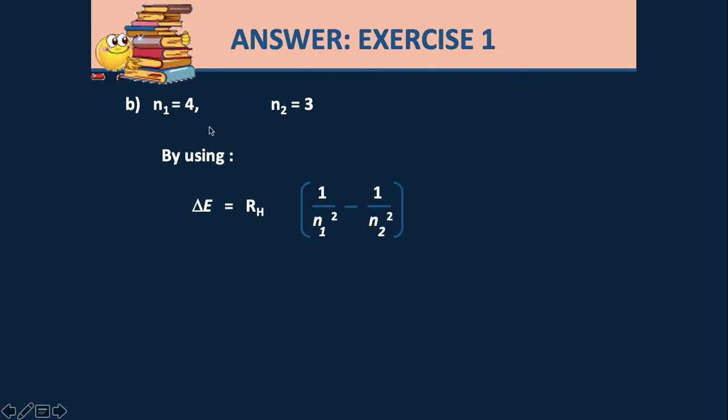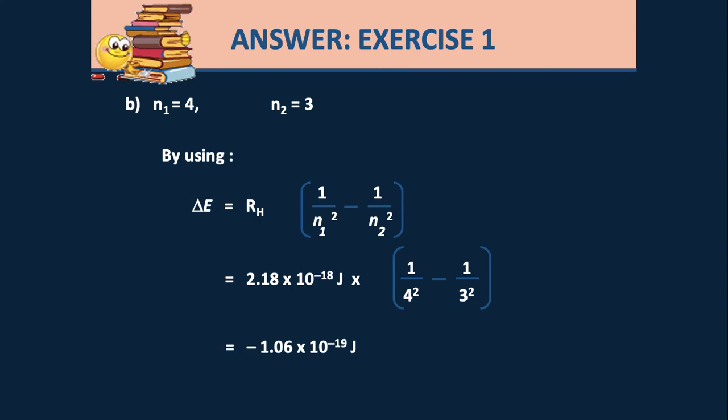The initial orbit is n equal to 4. The final orbit is n equal to 3. So, use this equation, substitute the values, and you get the change in energy.